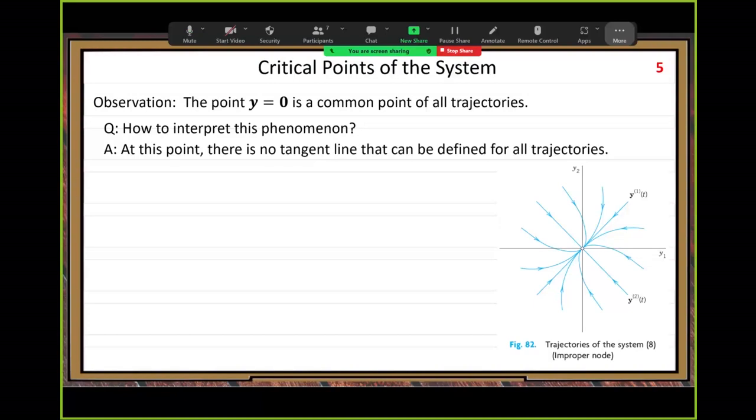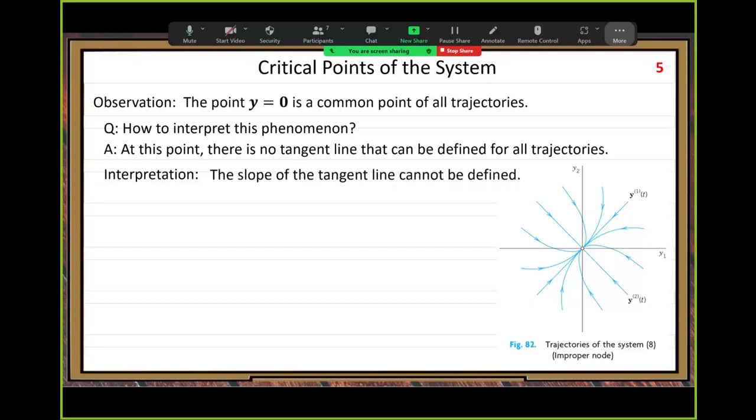At this point, there is no tangent line that can be defined for all trajectories. With so many trajectories, how do you draw a tangent line? It's hard to define a tangent line at this point. The slope of the tangent line cannot be defined.